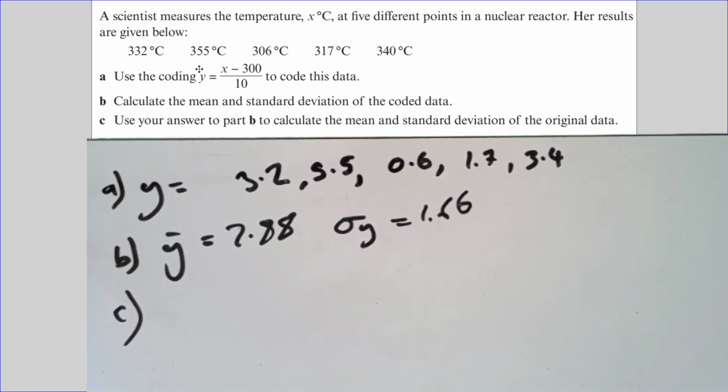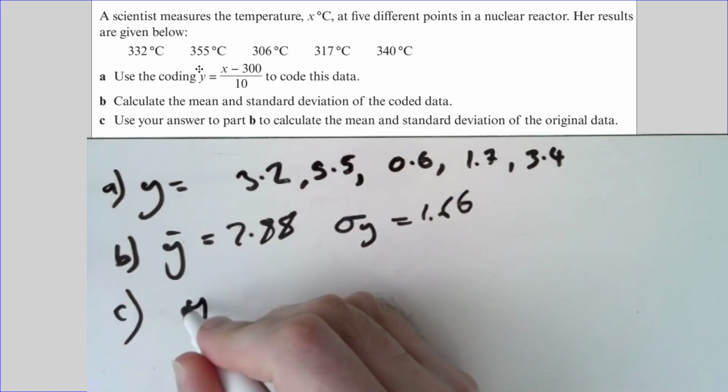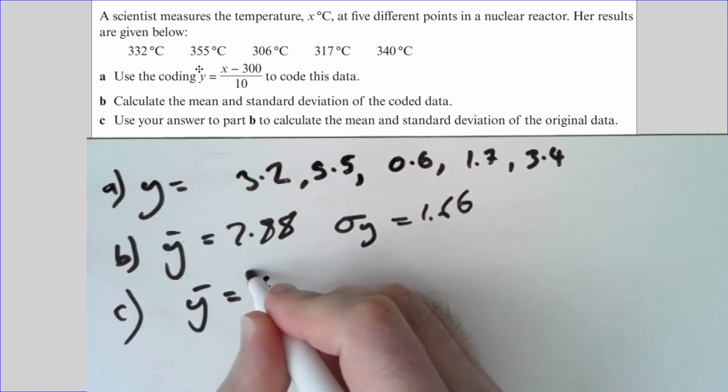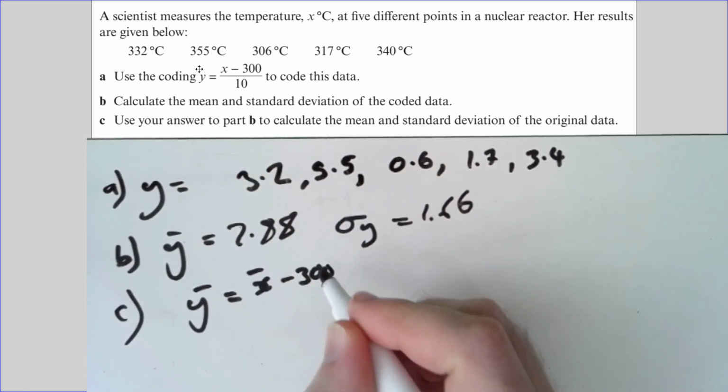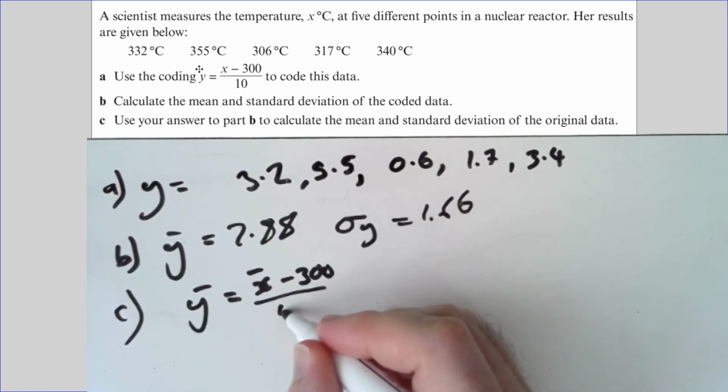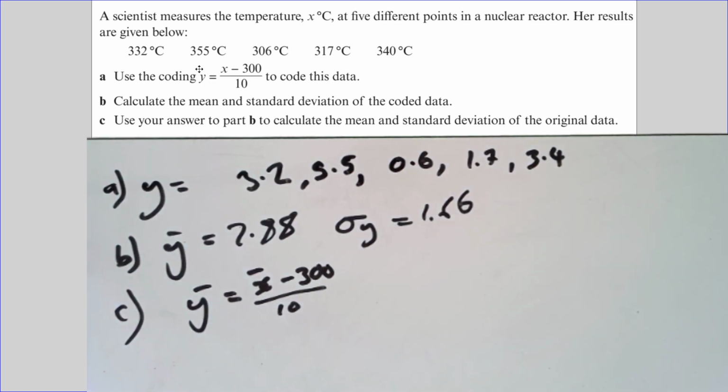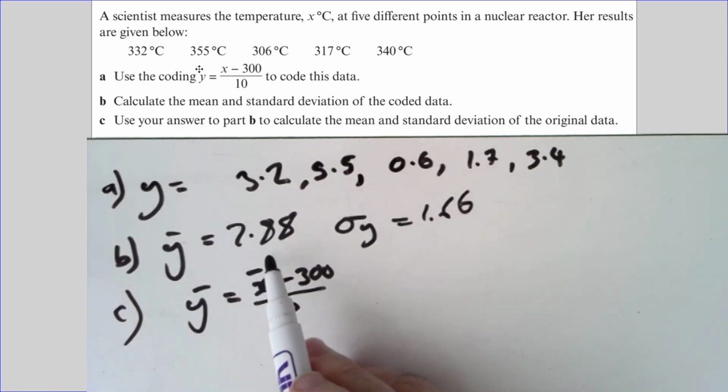So the first thing we can do is write down that Y bar is equal to X bar minus 300 divided by 10. So we can use this to work out X bar, because we know that Y bar we worked out in here is 2.88.